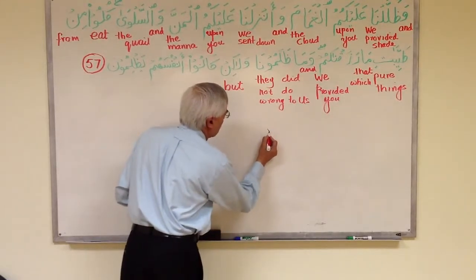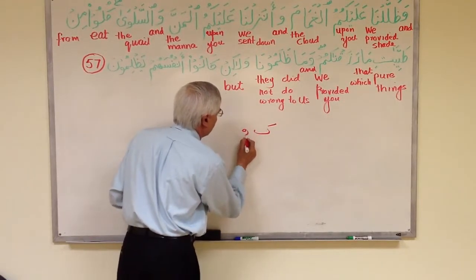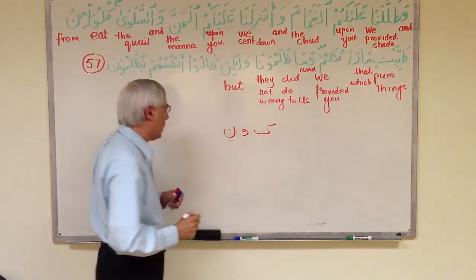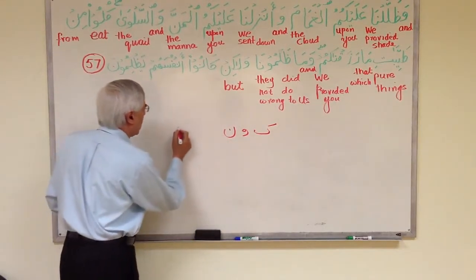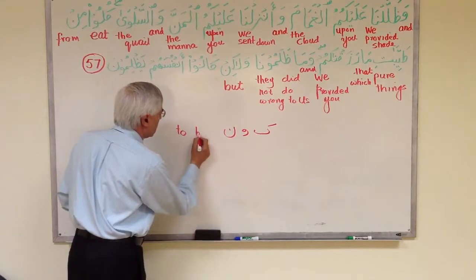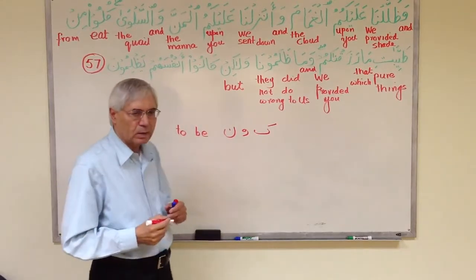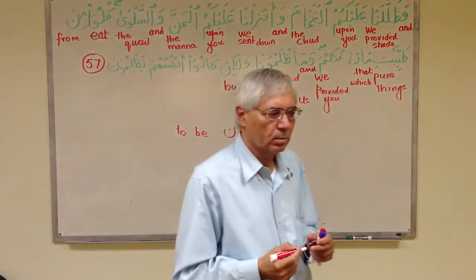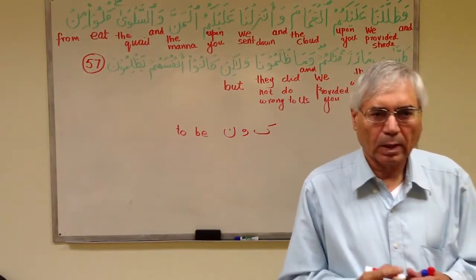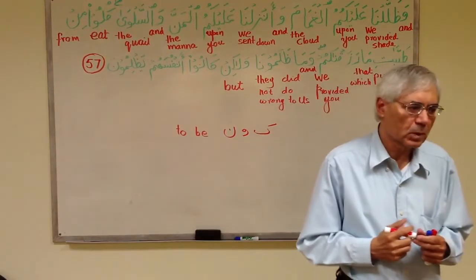Now the next word starts with these three letters: kaf, waw, and noon, and it means to be. These are the root letters. That means to be. Okay.